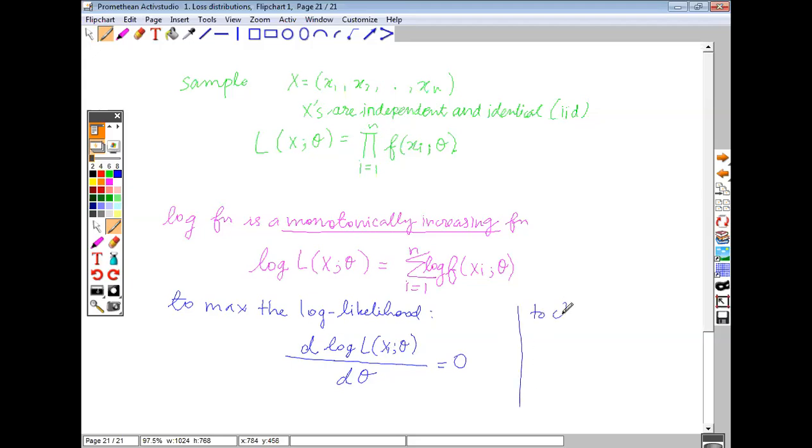And to check for a maximum, the second derivative should be less than 0, right? Is this clear now?